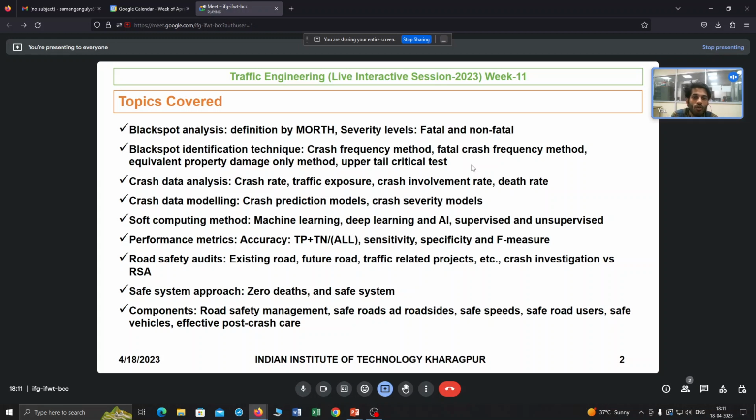Both locations are black spots, but at the end of the day we have to prioritize, because we have resource constraints. Government cannot put every resource into road safety. We have limited funds, and we have to utilize them properly. So for proper utilization of funds, we need to prioritize.